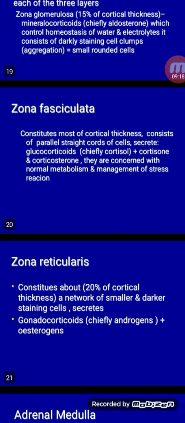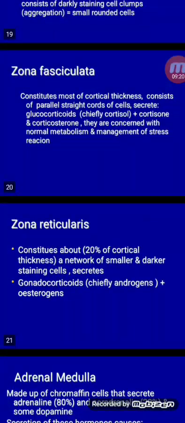Zona fasciculata constitutes most of the cortical thickness. You may have a question.